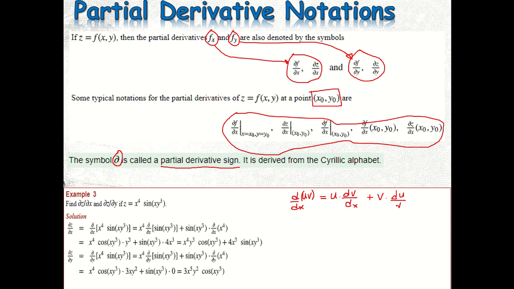So we will still use this formula, but this time we have to use the partial derivative sign. So instead of using d and d here, we use this formula, class.